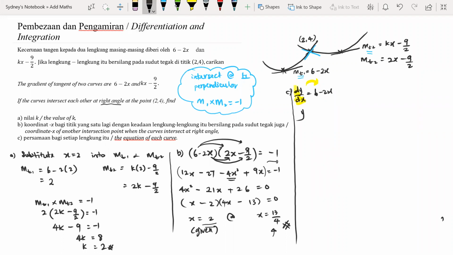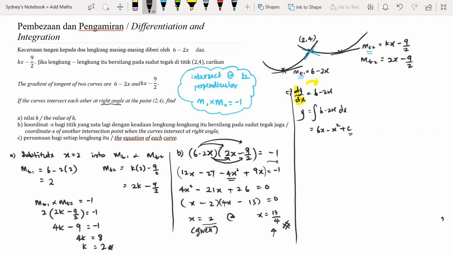When you reverse differentiation, it becomes integration. So we have to integrate this. This is an indefinite integration, so we have to put the plus c at the back. So y equals 6x minus x squared plus c.